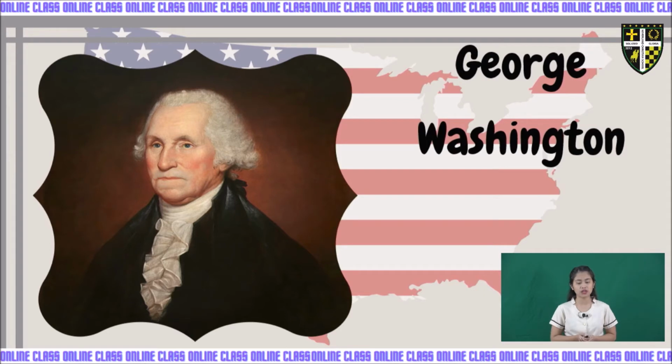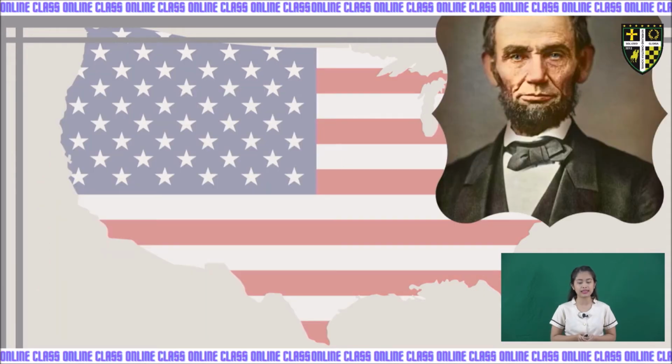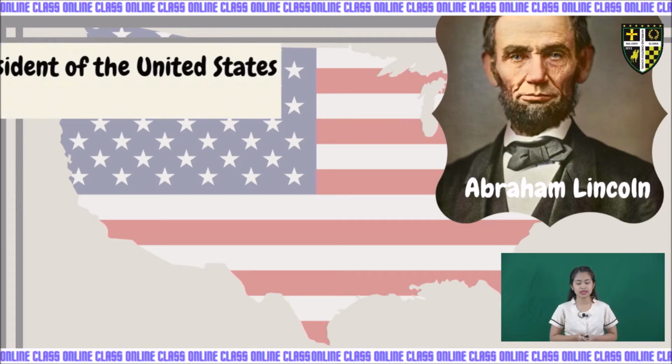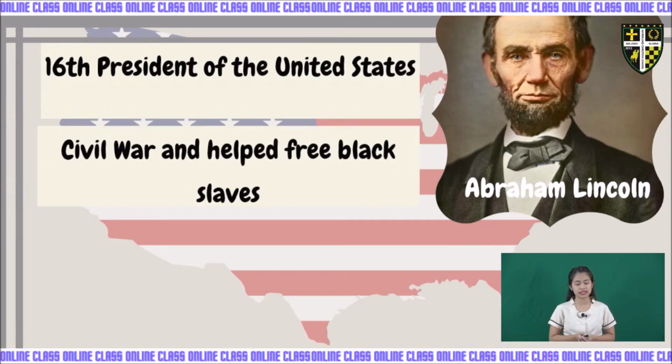And next, we have the next president, and this is Abraham Lincoln. He was the 16th president of the United States. He won the Civil War and helped to free the black slaves. Wow!